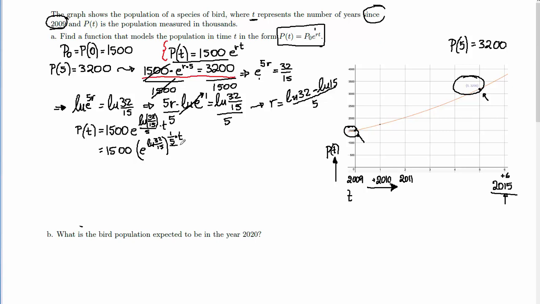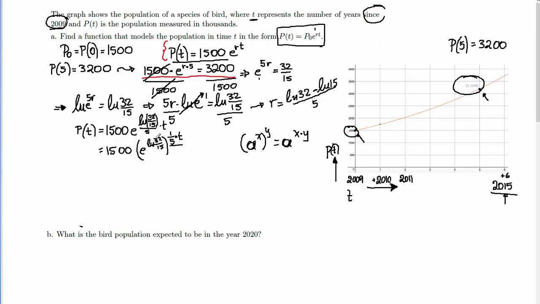So I take the 1/5 out, and I use the property of powers that says if you have a to the x to the y, it is equal to a to the x times y. So what I had here was ln of 32 over 15 divided by 5. So I took the 1/5 outside of my power. Why did I do that?